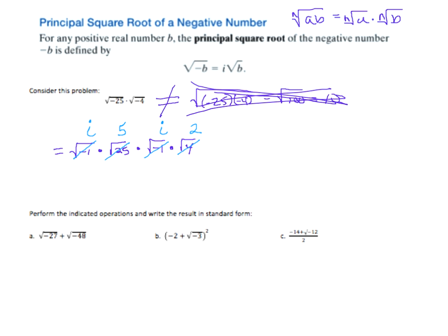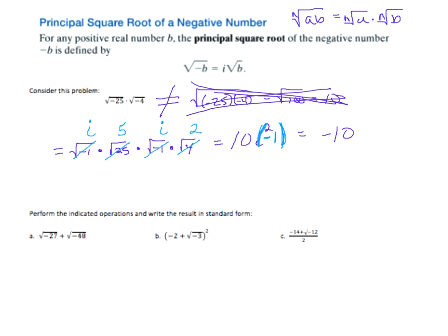This is all being multiplied. So I have 5 times 2, which is 10. i times i is i squared. However, we know i squared is really negative 1. So instead of getting positive 10, I actually get negative 10 for that value.